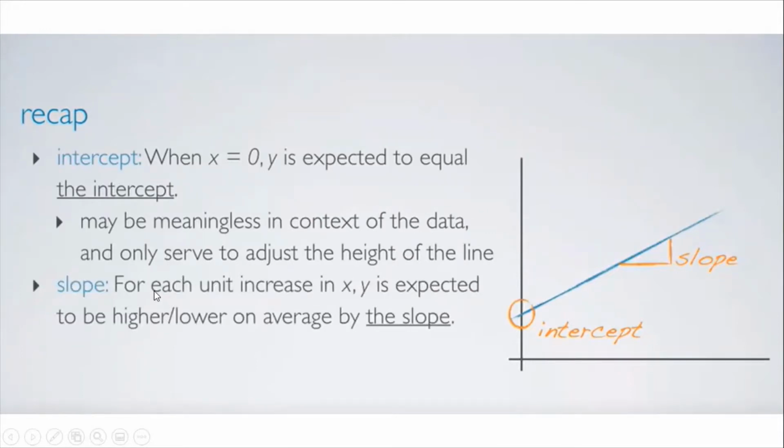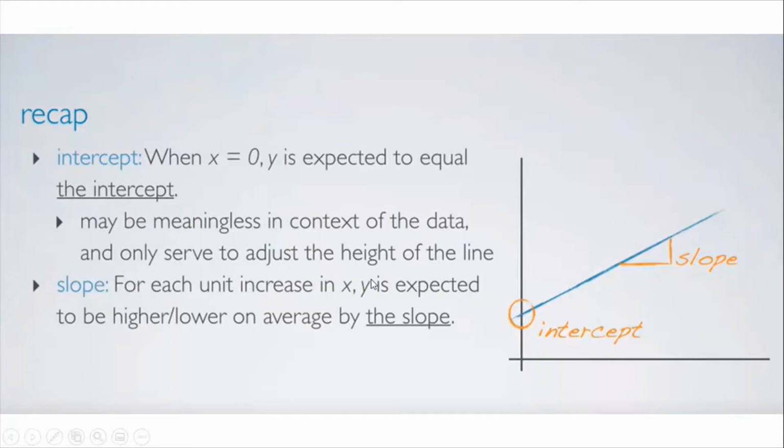It is the most important. It is the value that quantifies the relationship between two numerical variables, so it is what we want to find in linear regression. How do we interpret the slope? Basically, the intercept is where the line starts, and the slope is how much the line goes upward or downward if there is an increase in a unit.